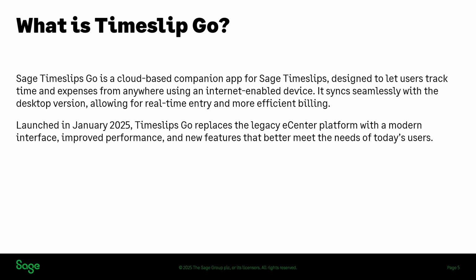Yeah, office hours are every Tuesday from 2 Eastern to 4 o'clock Eastern, and we'll pop the information in this chat, and you can feel free to call in anytime during those 2 hours if you need help migrating from eCenter to Timeslips Go, or if you have just any questions about it. You can also use support, of course, but office hours for Timeslips Go migration are Tuesdays, 2 o'clock Eastern to 4 o'clock Eastern. Okay, wonderful. I'm excited about that. Thank you.